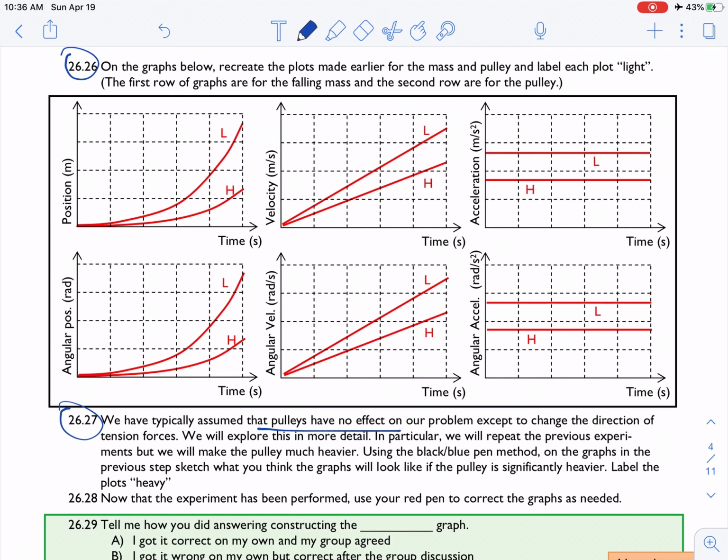The first part, this row, is all about linear motion, so that's for the hanging mass, and this is for the pulley, so these are the rotational motion. Okay, but we again have the position and then velocity and acceleration plots. So if the pulley was heavier, think about that, like kind of put yourself in that hanging mass.